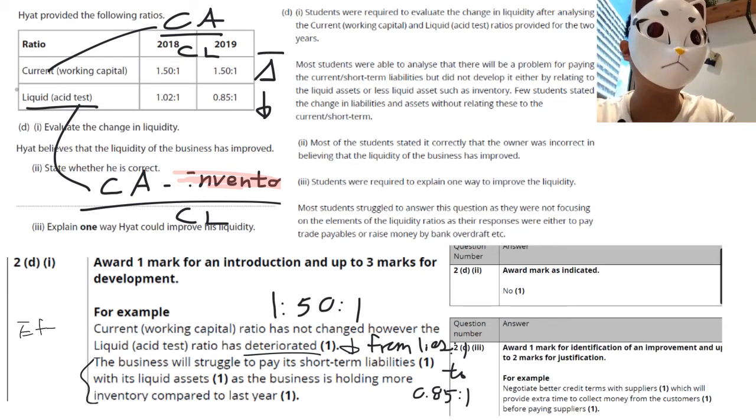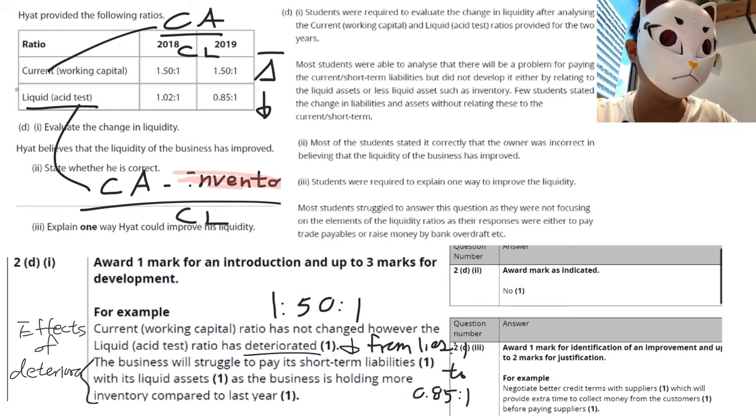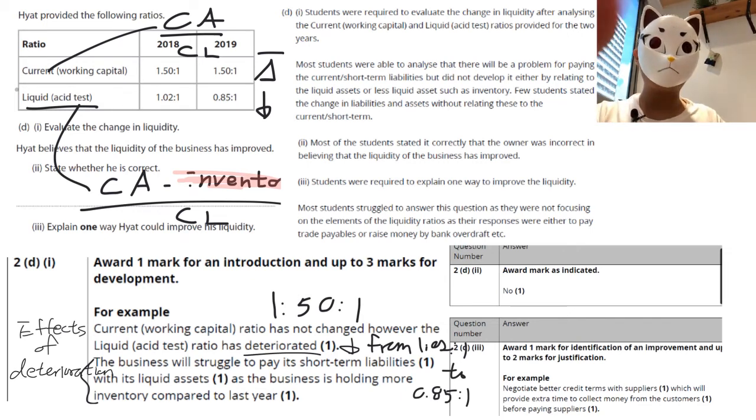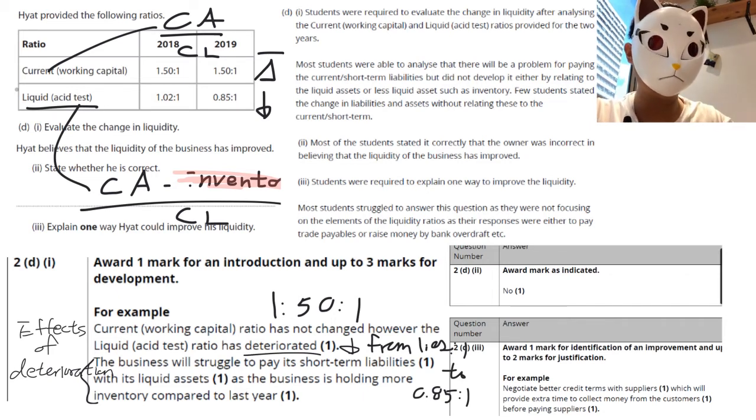of the deterioration. So what happened to the business when facing a drop in the liquid ratio? You have to recall, what is the purpose of calculating the current ratio? That is to measure the ability to pay short-term liabilities with liquid assets.